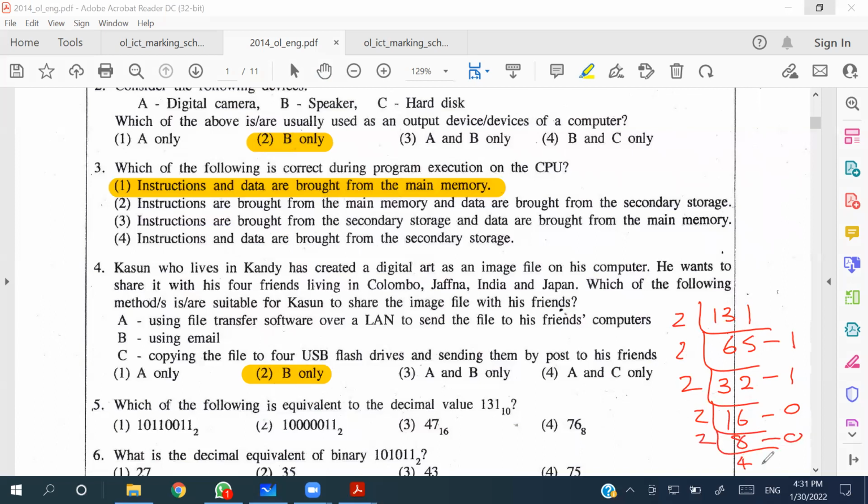Dividing by 2, 4, 0 remaining. Divided by 2, it's 2 and 0 remaining. If you divide it by 2 again, 1 and 0 remaining. So the answer is going to be 1, 0, 0, 0, 0, 0, 1, 1, which is the second answer.